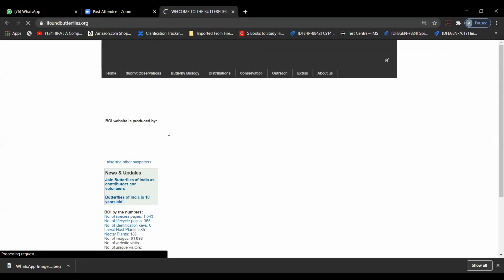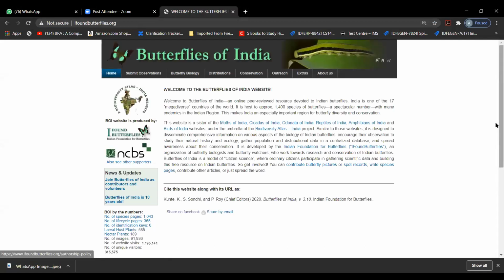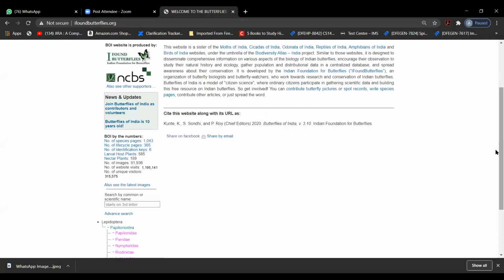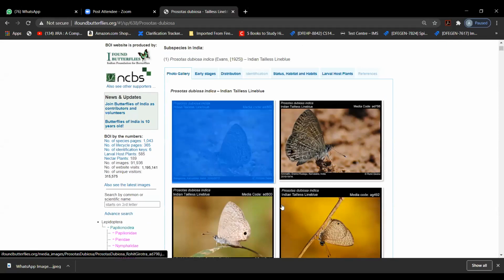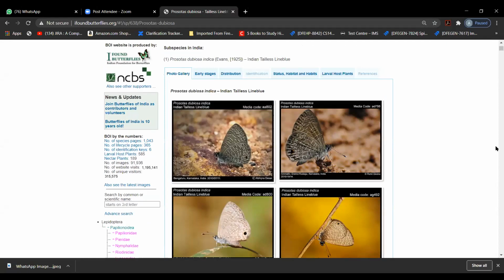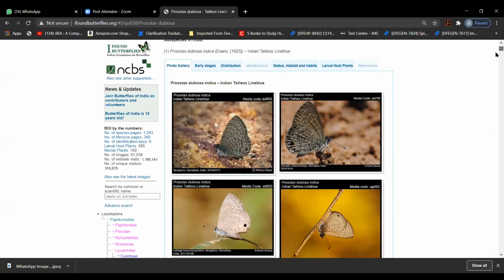I can show you the difference between Prosotas nora and Prosotas dubiosa. Yes, dubiosa, that is the tailless line blue. If you see the, okay, I'll go and try to see. But sometimes it's so variable that it is very difficult to tell.